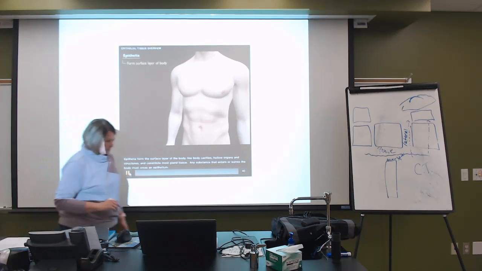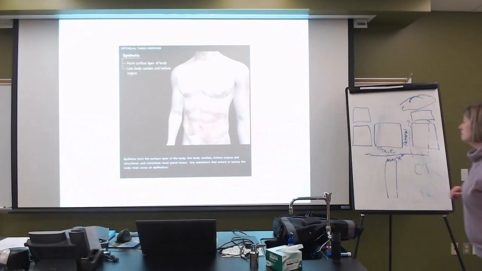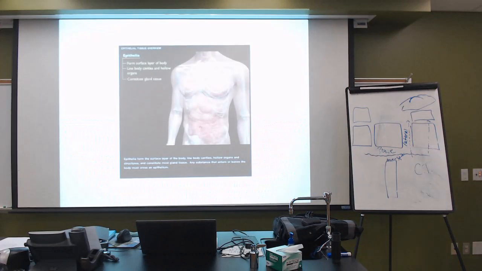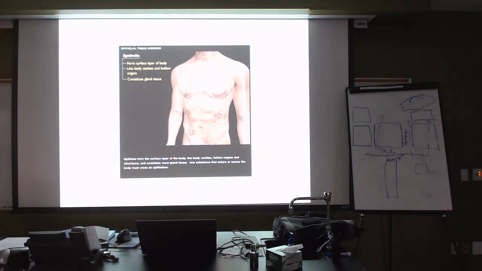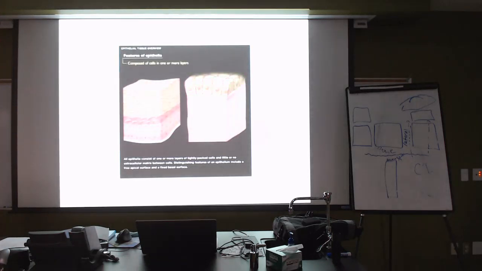Epithelia form the surface layer of the body, line body cavities, hollow organs, and structures, and constitute most gland tissue. Any substance that enters or leaves the body must cross an epithelium. All epithelia consist of one or more layers of tightly packed cells and little or no extracellular matrix between cells.